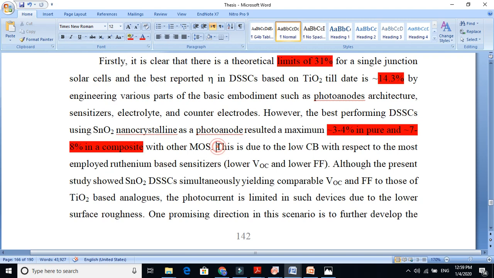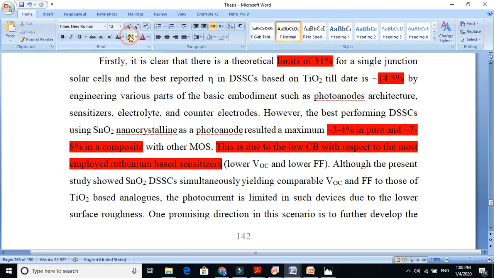Why is this low? Because of its lower conduction band with respect to most of the sensitizer dyes. Although the present study shows that oxide and sensitizer are simultaneously yielding comparable VOC and fill factor, the photocurrent is limited in such devices due to lower surface roughness.